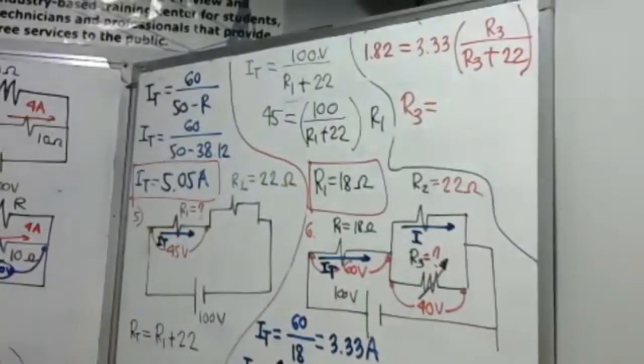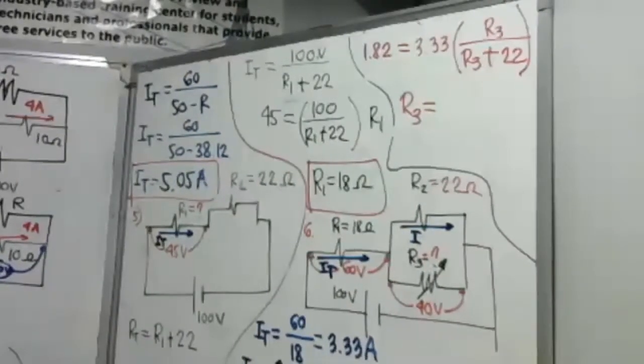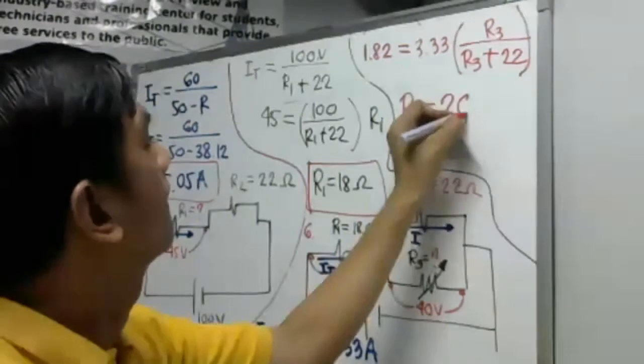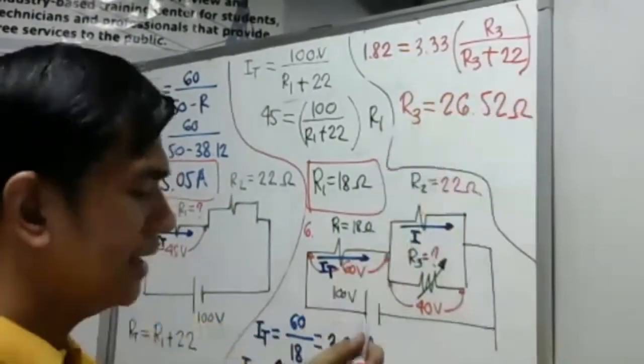What is our R3? My answer here is about 26.52 ohms. That is my answer.